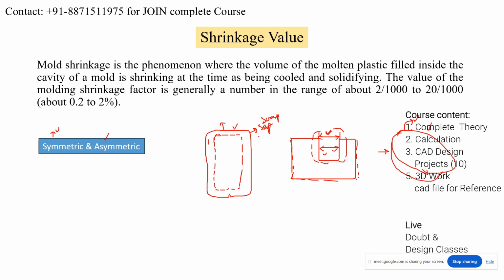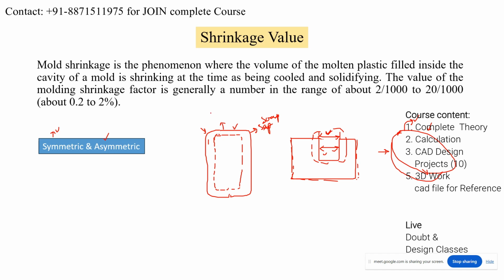Yes, we need a fitment. If the shrinkage is too much, we cannot fit the soap inside. But there is no requirement for shrinkage, because we don't need to control any dimension in the component. That's why we will not require to give the shrinkage value there.